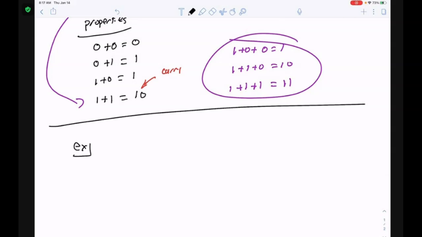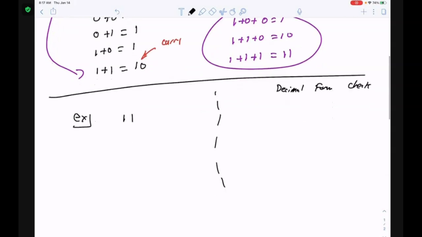So let's do an example. Let's add the numbers 1, 1 plus 1, 0. I'm going to do a decimal form check over here so that you can see that the math does work.